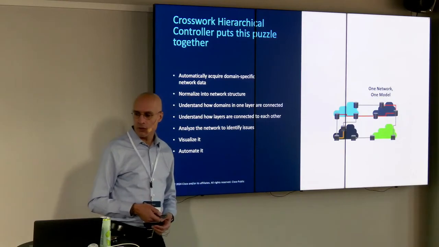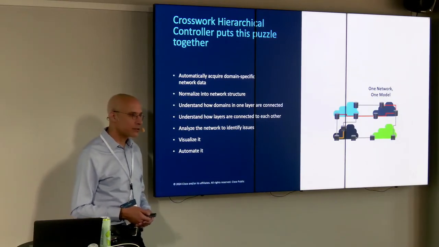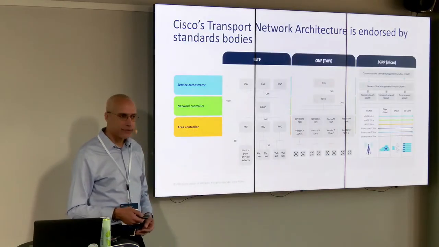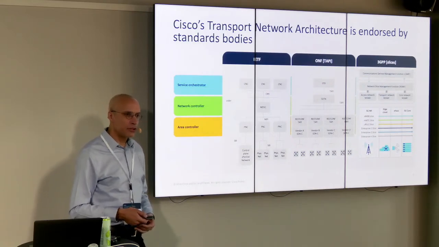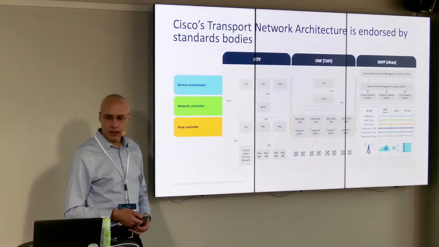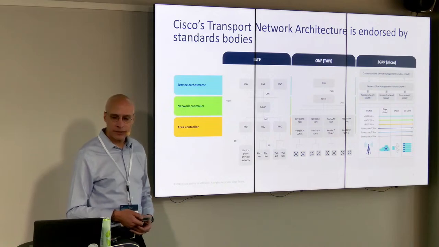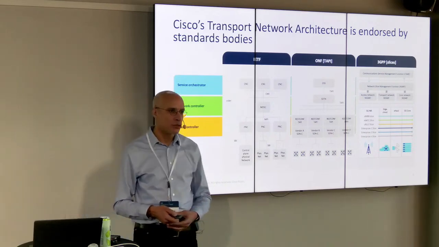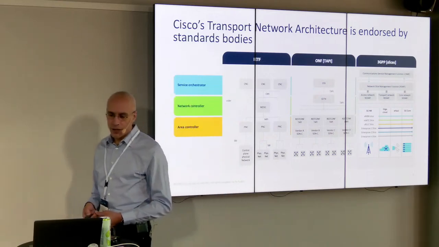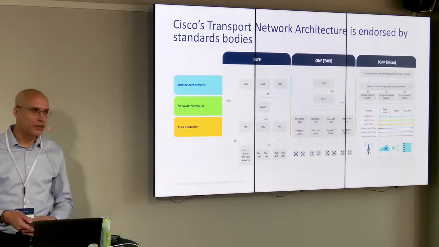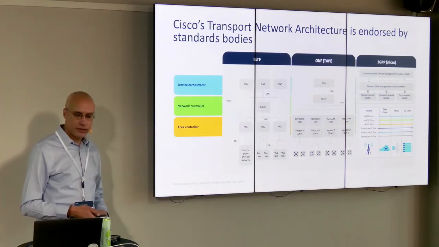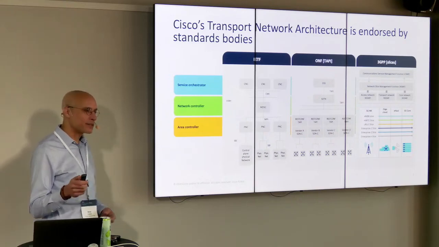Three years ago, we were acquired by Cisco and became part of the Crosswork family as the Hierarchical Controller, which fits into an architecture that is not something proprietary to Cisco, but is the standard in the industry. We can see several standard bodies who define the architecture of the SDN network, starting with the IETF, where the names are not the same as we use in Cisco.